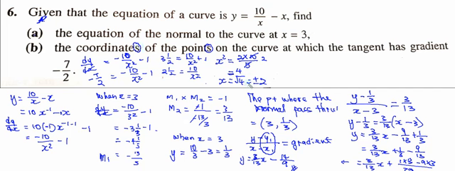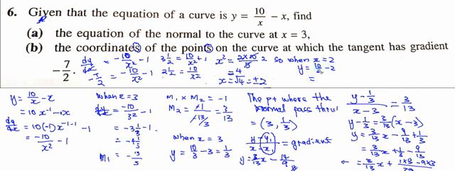Okay, so now you have the x coordinate of the point. You are supposed to find the y coordinate of the point. Again, this point is on the curve, so we're going to substitute the x value in order to find the y value. So when x equals 2, what will be the y value? y becomes 10 over 2, minus 2.